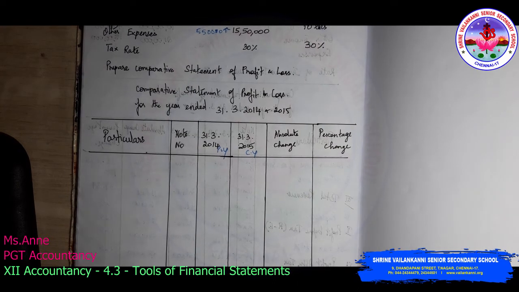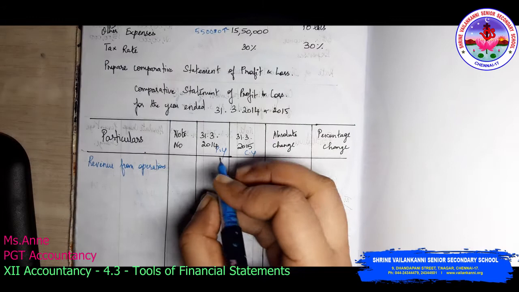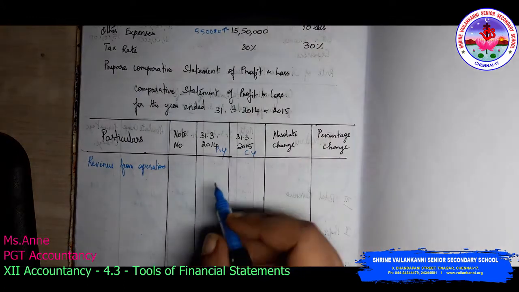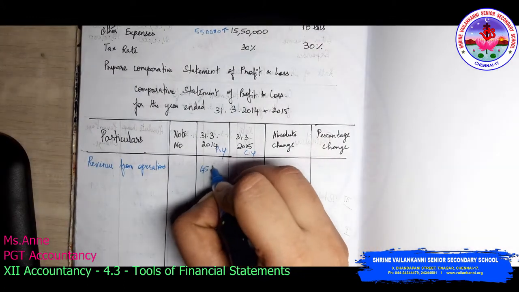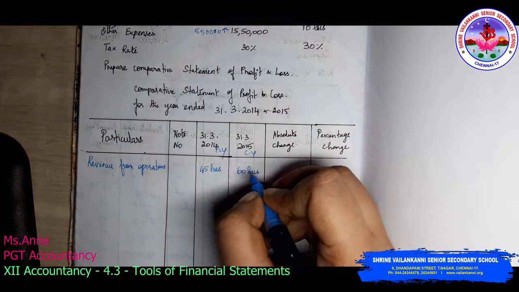So first one is the revenue from operations. I'm going to write the revenue from operations. The 2014 figure is 45 lakhs. The 2015 figure is 60 lakhs.